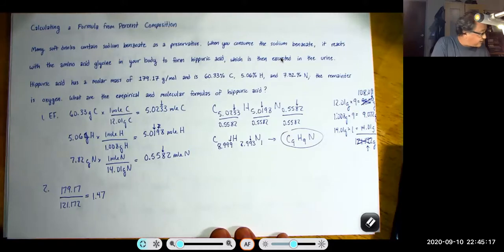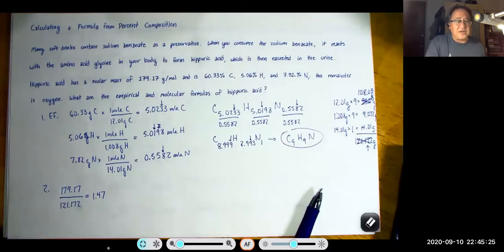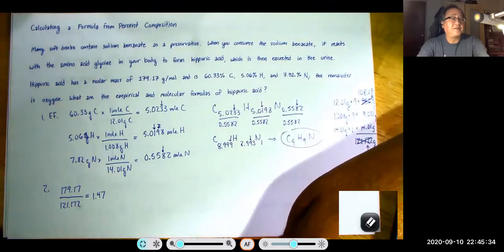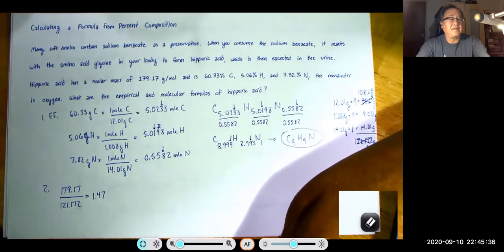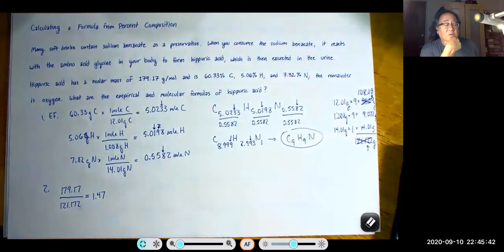Okay, and here, hippuric acid has a molar mass of 179.17. I'm going to do a little quick check here. And I want to find out what the molar mass of hippuric acid really is. And indeed, it's 179.17 grams per mole.